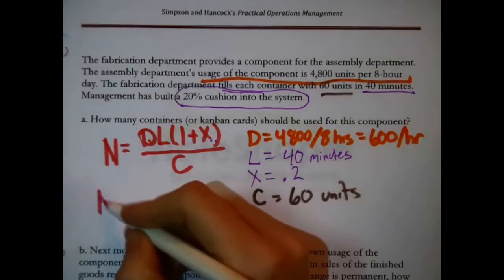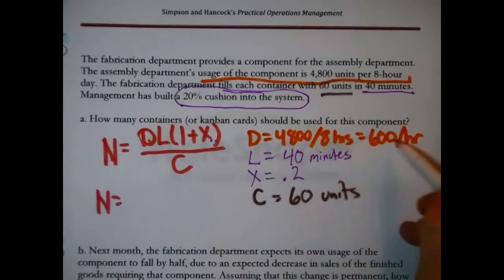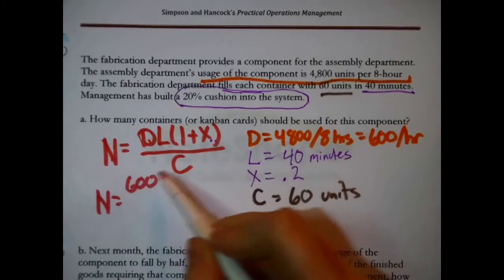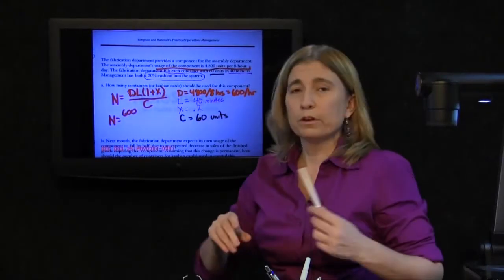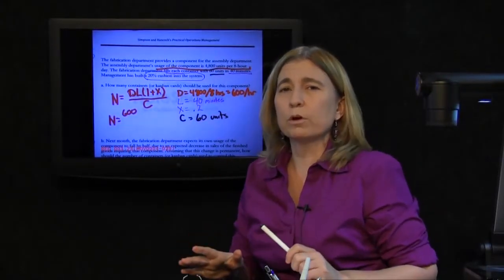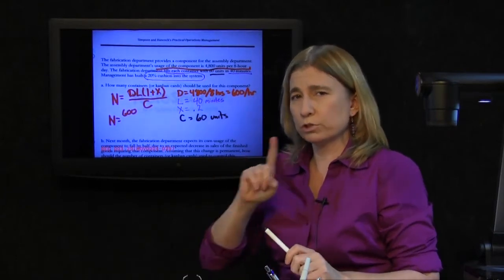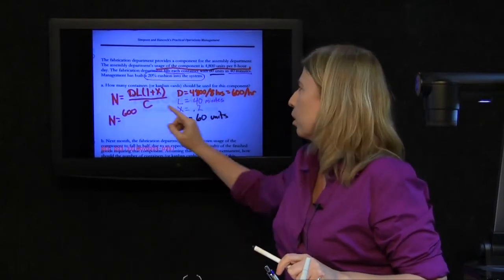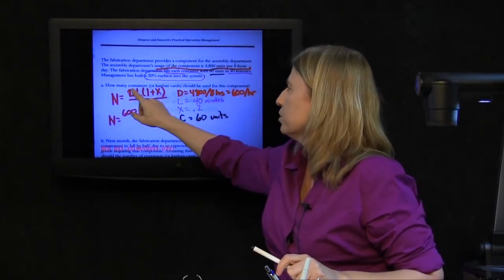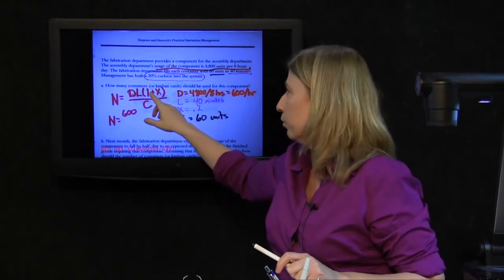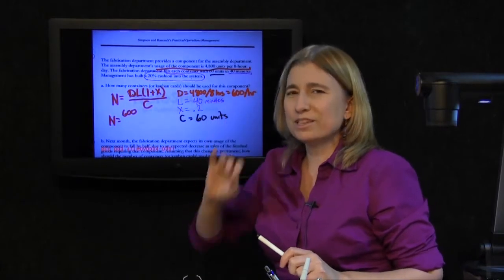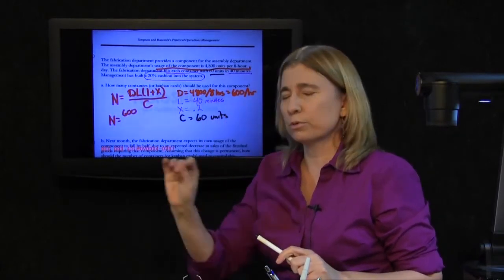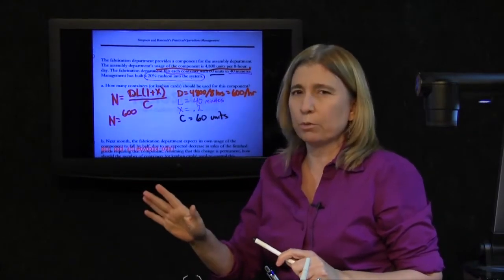The number of Kanban should be, now you say D equals 600 an hour times, don't write 40. There's only, at this point, really one thing that could go wrong, and we're just going to make sure that it does not go wrong. Remember with this formula, D, the usage rate, and L, the lead time, the turnaround time on a container, need to be stated in the same time units, or the formula does not work out rationally.